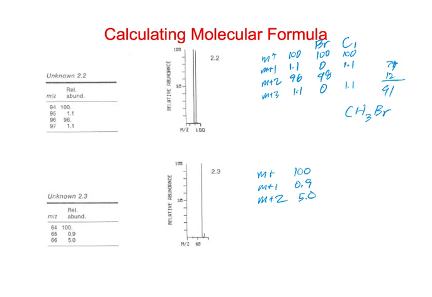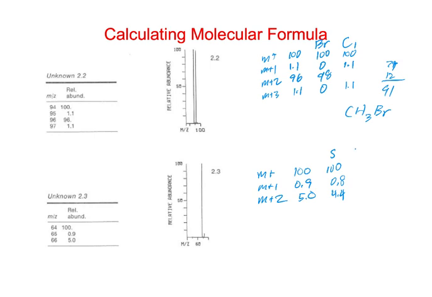Yeah, silicon has 5.1 at the M plus 1, and 3.4 at the M plus 2. Oh, sorry, it's sulfur. Sulfur, 4.4, so we're going to put in a sulfur. 100 here, 4.4 here, and 0.8. Okay? Yep.